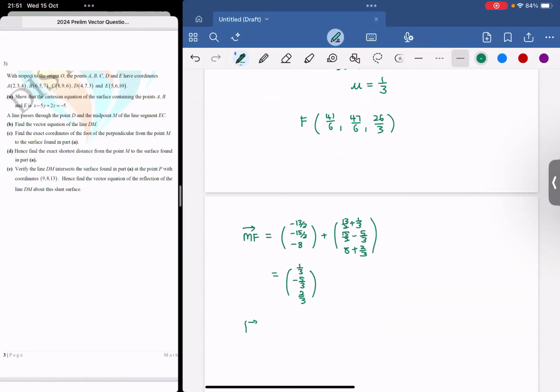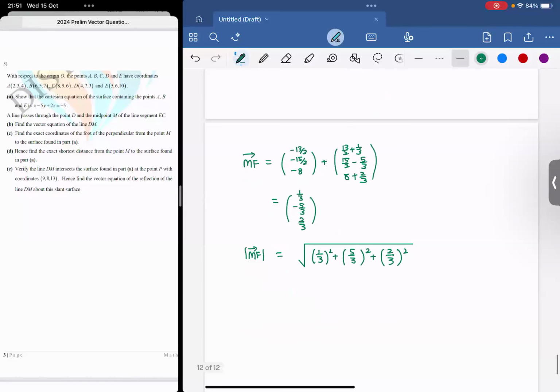So the length of MF equals square root 30 over 9, which is equal to square root 10 over 3 units.